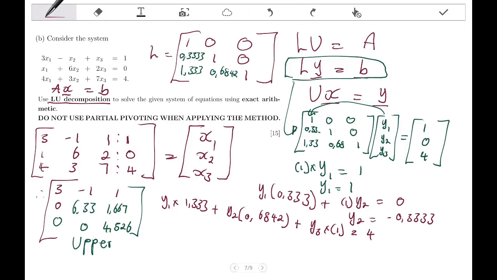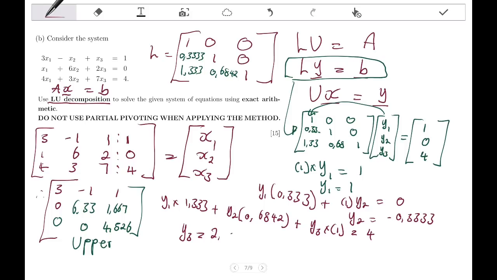Remember that y2 is not 1, it's here, and y1 is 1, and then y3, therefore your final answer for y3 is going to be equals to 2.895.